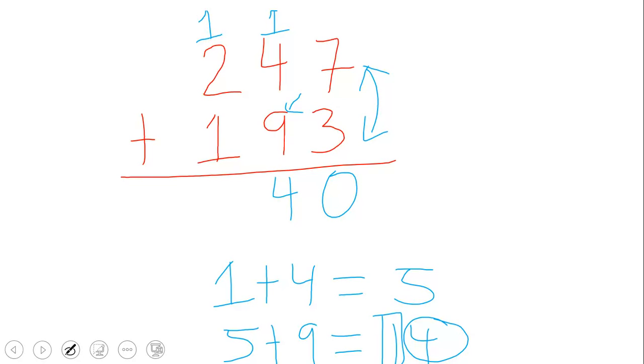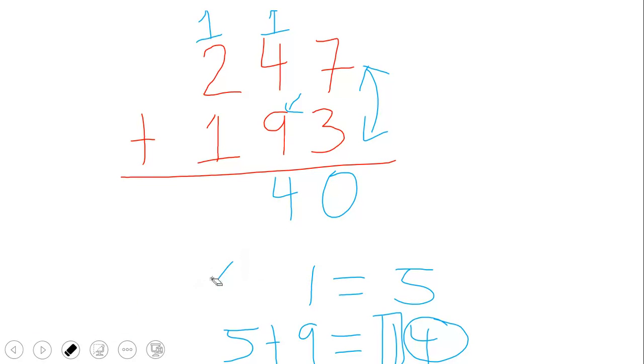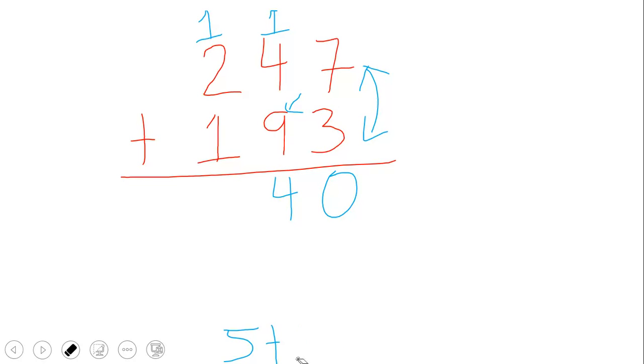Now we move on to the hundreds column, and that's the last column we will be dealing with for this addition problem. So we're almost done. The numbers in the hundreds column are 1, 2, and 1. Let's add 1 and 2. 1 plus 2 equals 3, but we have to consider this 1 again.